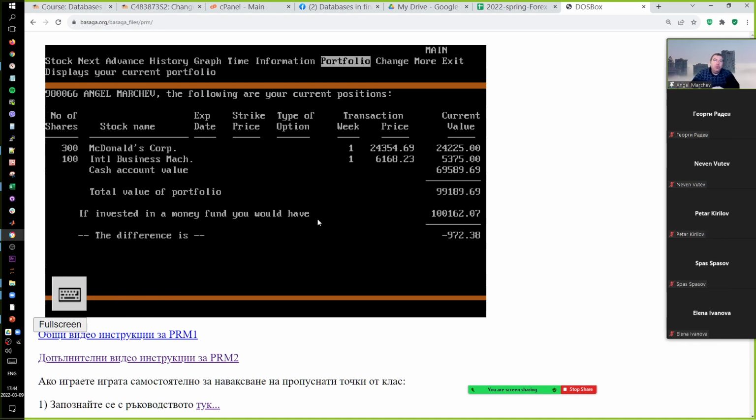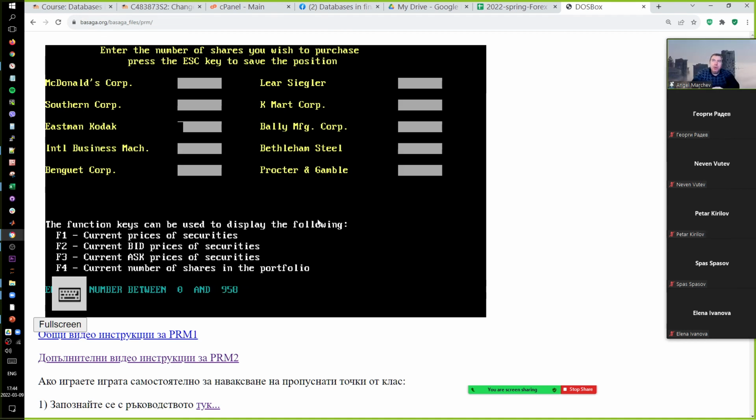And if I want to sell, I'm going to show you how to sell. Again, I'm going to the change, and I'm going here. For example, I would like to sell IBM. In order to sell, I'm entering minus, so negative number. So I want to sell everything. How do I know that I have 100 shares?